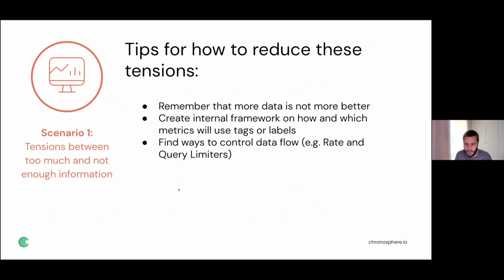So the first order of business really here is understanding that the magnitude of your data does definitely not translate to how well you are doing monitoring or observability. One of the key takeaways we'll have at the end is telling you a little bit how to do that more holistically. But just remember that the amount of data that you're collecting is not indicative of how well you're doing.